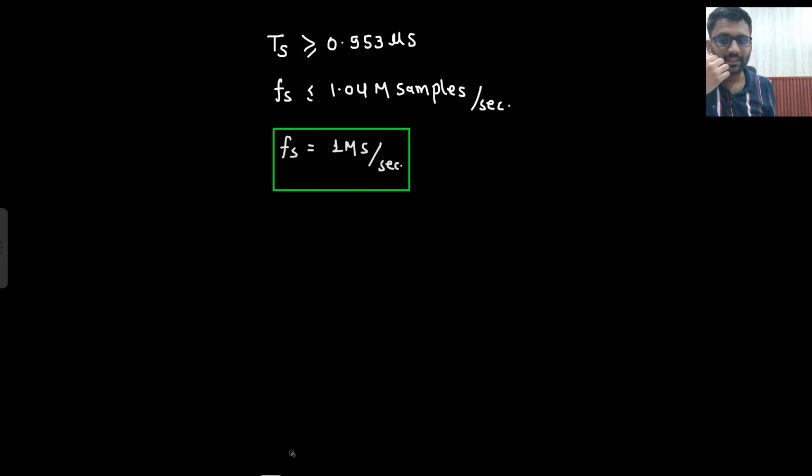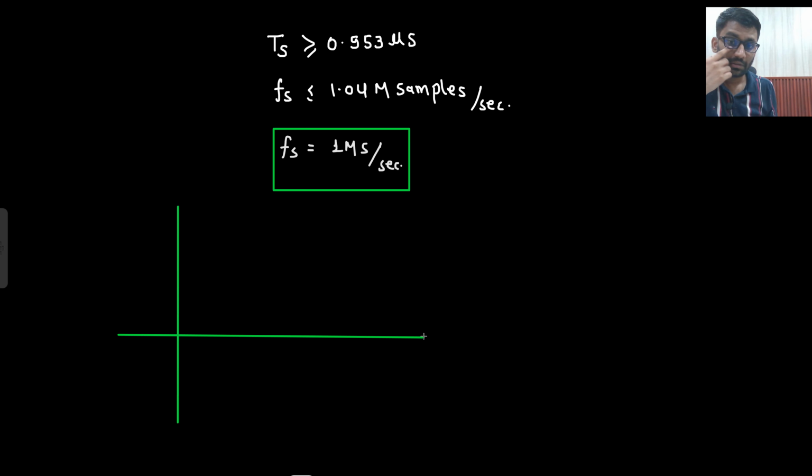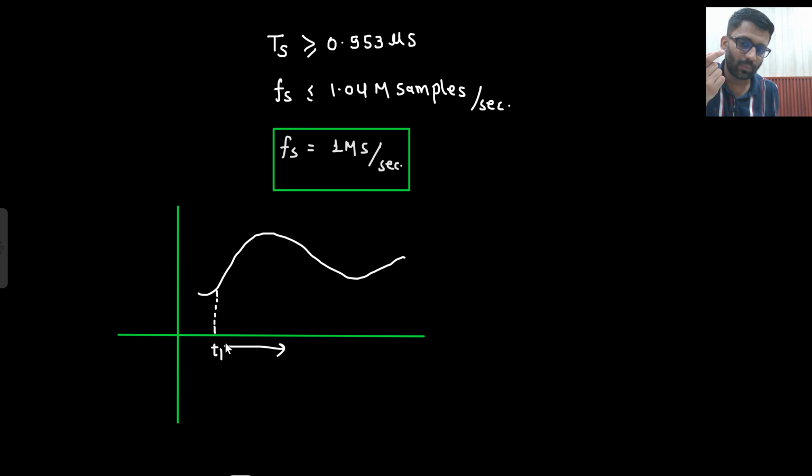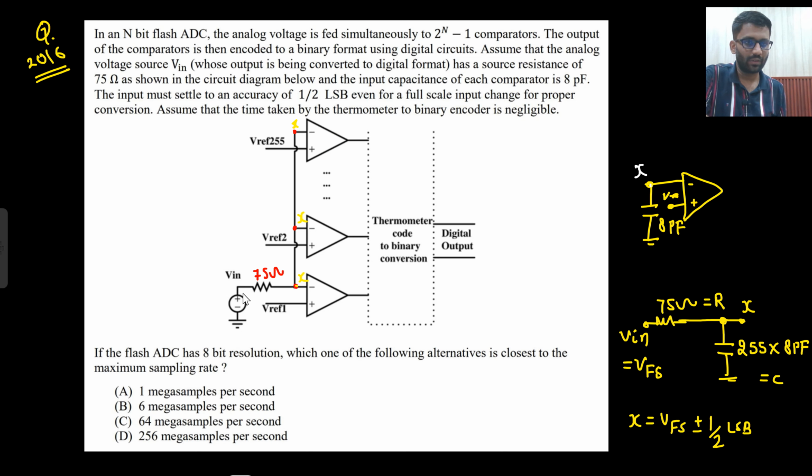Let's say this was my input, and the first sample I am collecting at T1, then at least I should give a window of 0.953 microsecond to collect the next sample. Then again this window to collect the next sample.